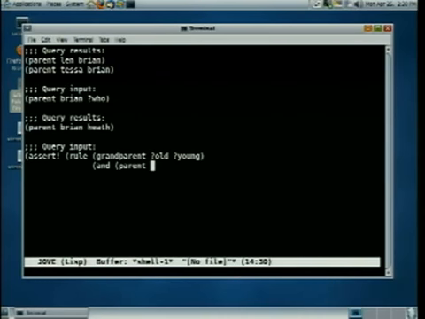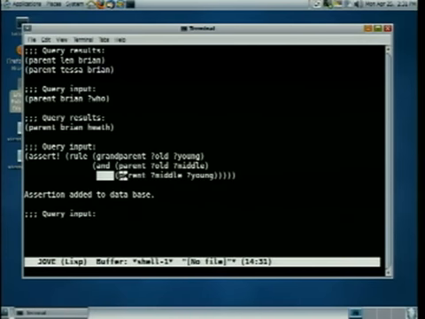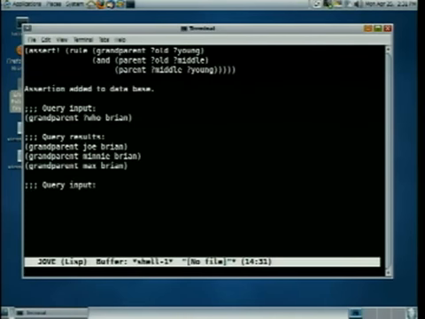We'll see. Okay, let's see if it worked. Yay, it worked.